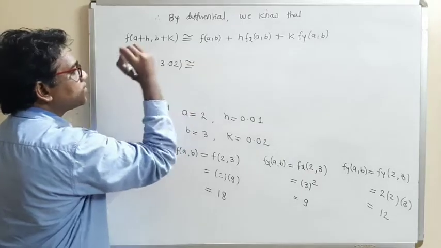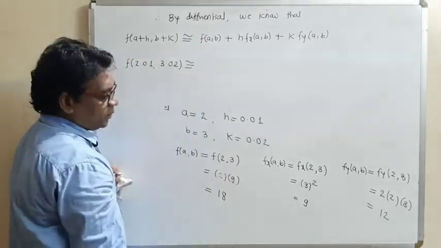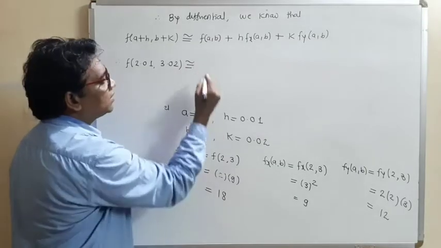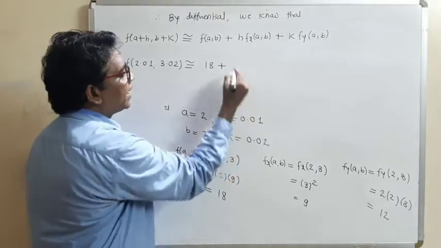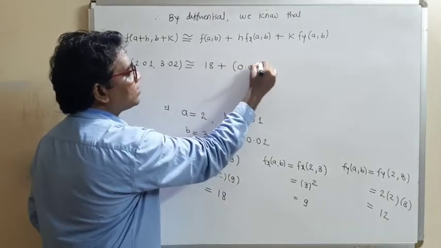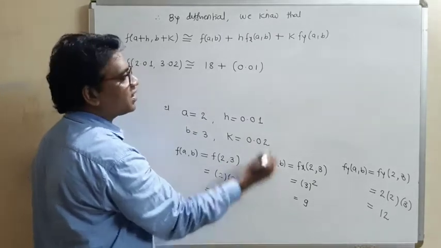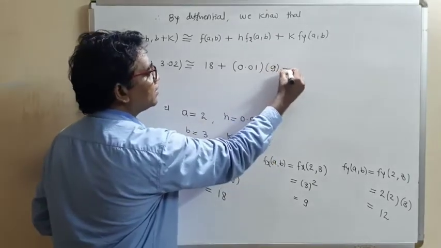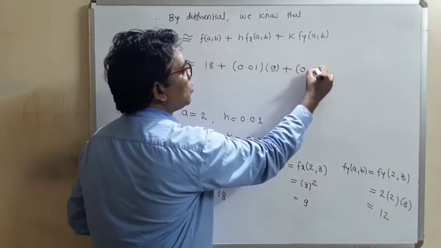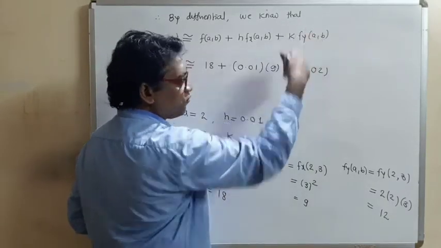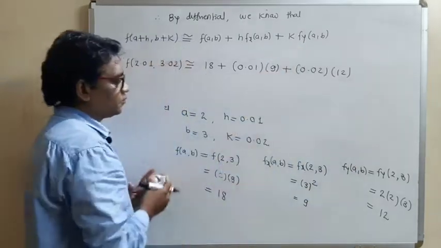This is approximately given by, now put the value for f of ab. f at ab is 18, plus what is h? h is 0.01 into fx at ab. Now what is this fx at ab? It is 9, plus k. What is k? k is 0.02 into fy at ab, which is 12.